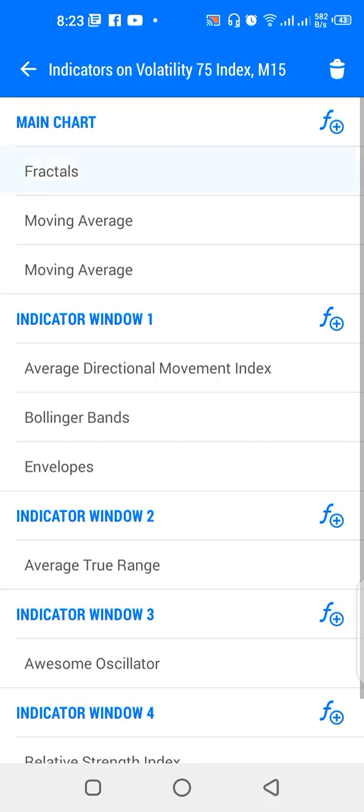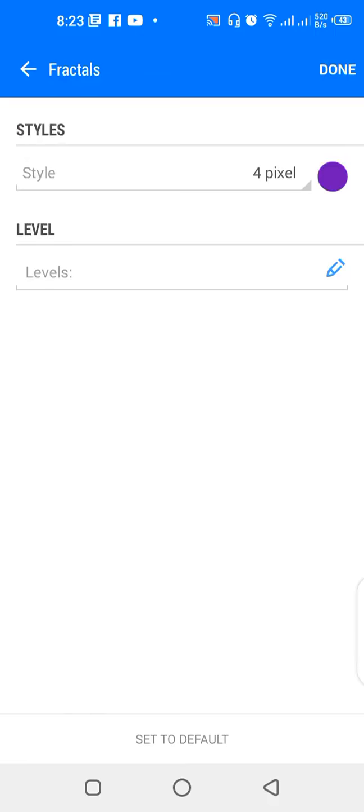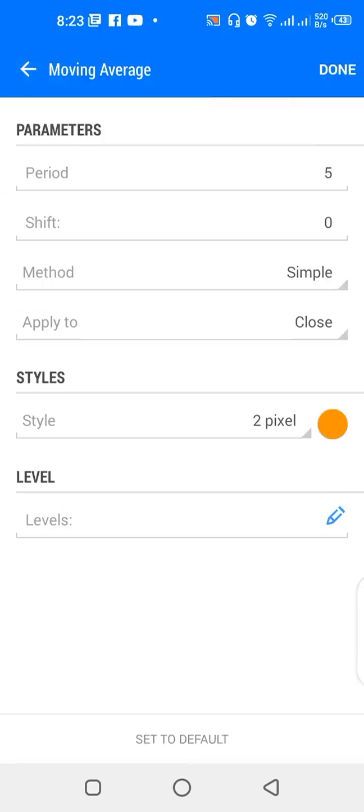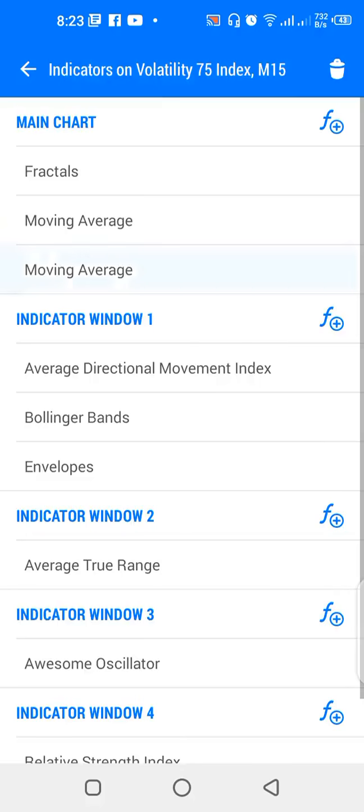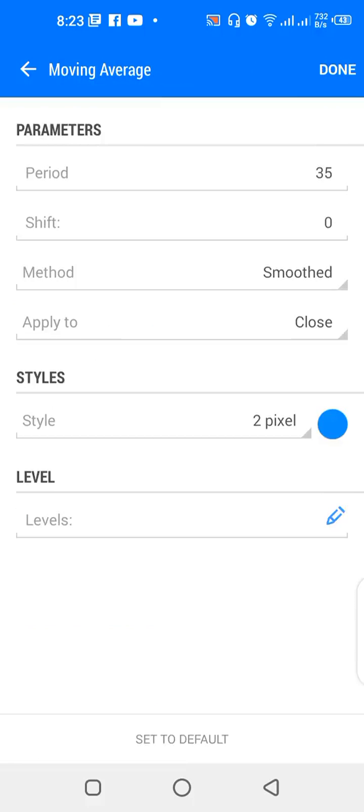We have fractals. We have the 5-period moving average. The method is simple. Apply to close. And the color is orange. We have the 35-period smoothed moving average.